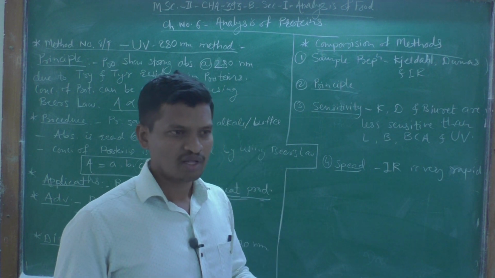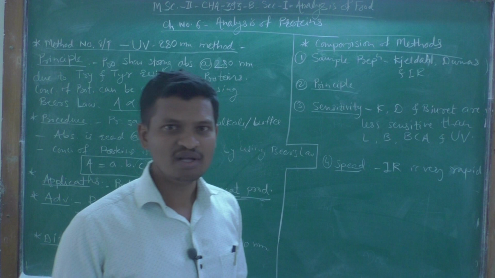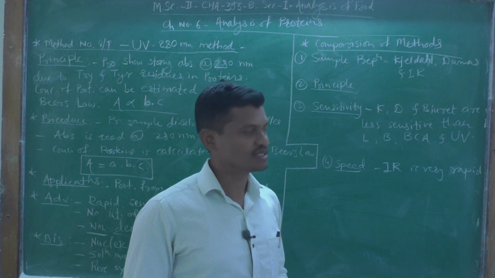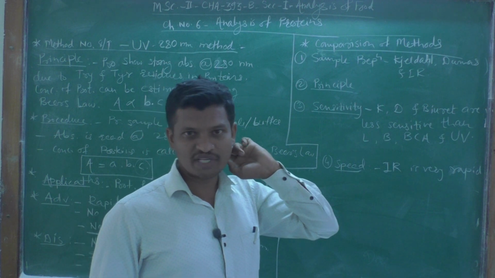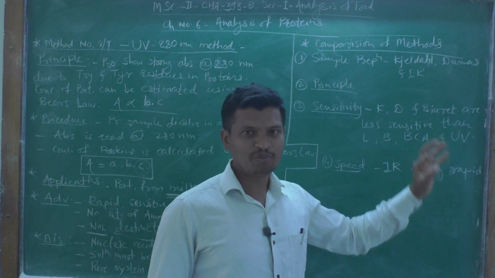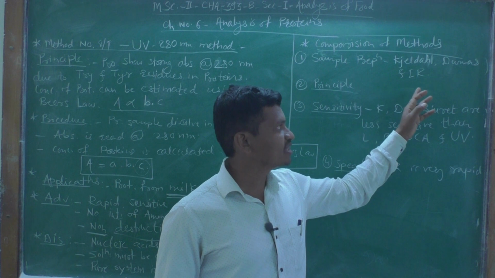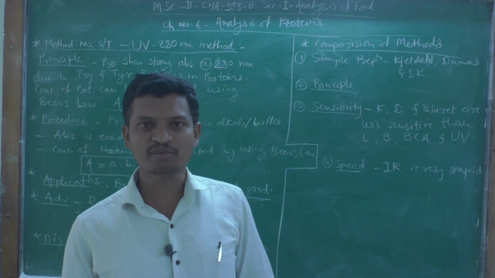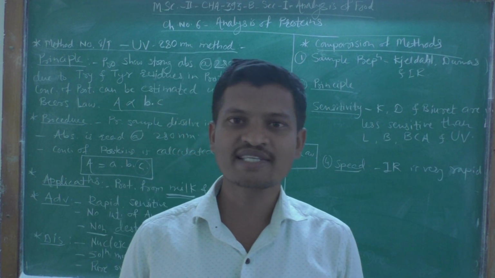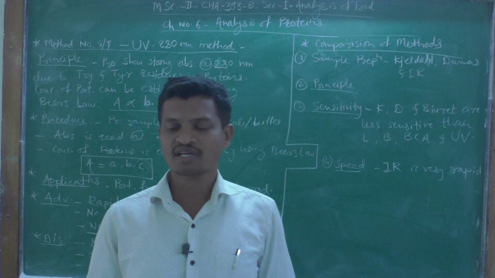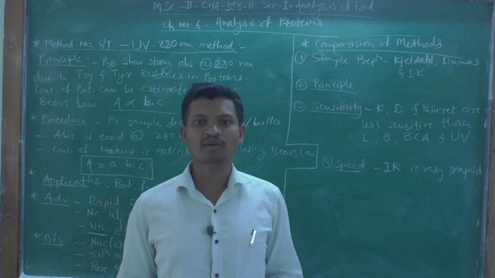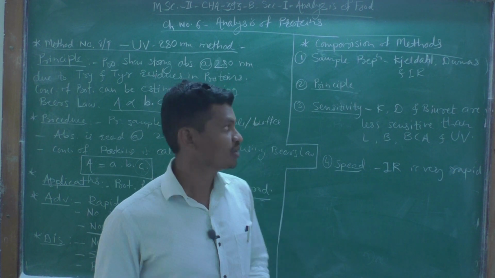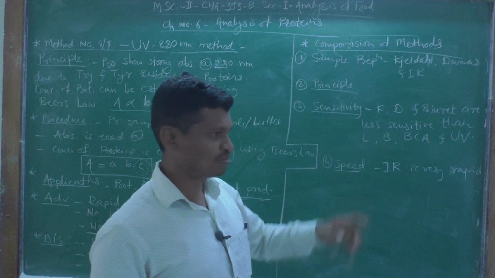First topic is sample preparation. We know that the Kjeldahl method, Dumas method and IR method require some sample preparation, a little for these three methods, but the remaining methods do not require much sample preparation.